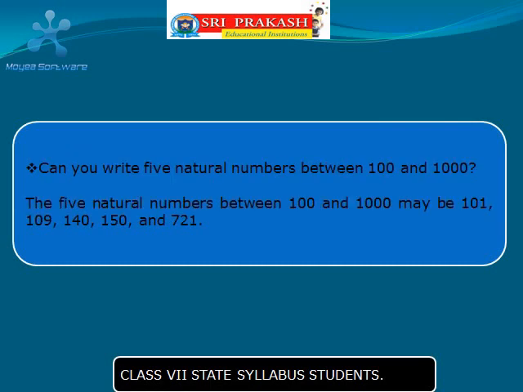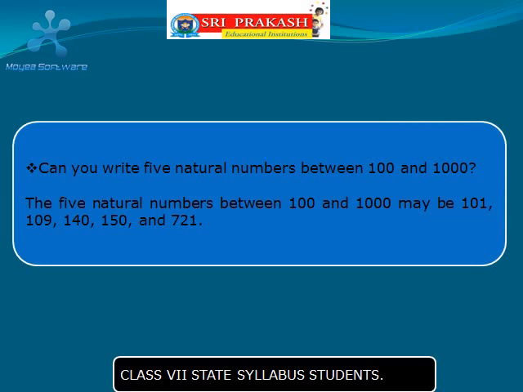My next question is, children, can you write 5 natural numbers between 100 and 1000? Between 100 and 1000 means that number should be greater than 100 and that number should be smaller than 1000.